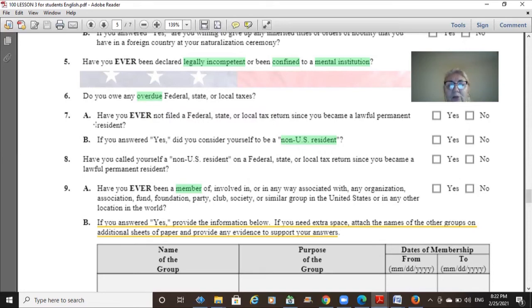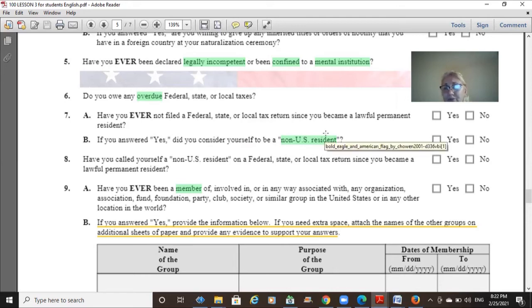So for part B, if you answered yes, did you consider yourself to be a non-US resident? So if you said, yes, I did not file the taxes, did you think that you can do it because you consider or think that you are not a US resident?